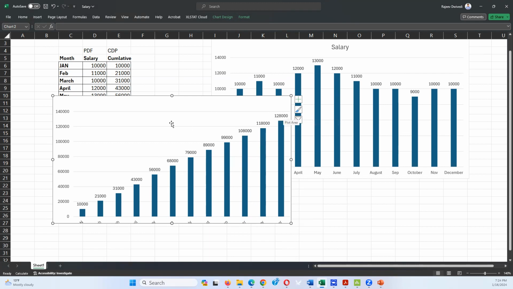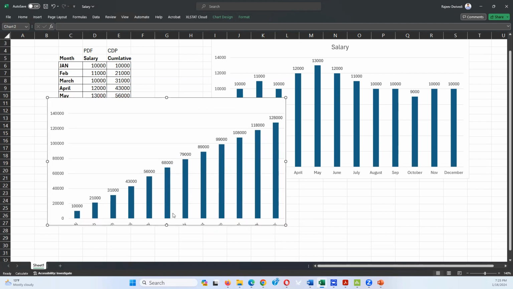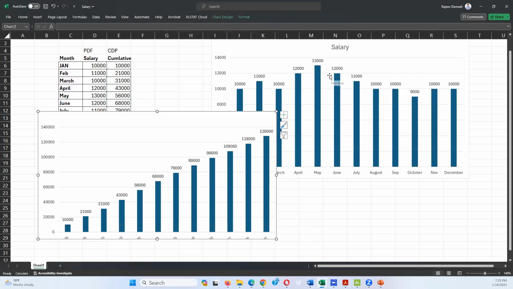So cumulative is actually a function, and it can give you a clear picture of how it is increasing, and it can give you the answer to many questions that you have. So what is the salary before June? Before June, you can directly answer 56,000. Here you have to do multiple steps. So adding and defining cumulative is important in probability.